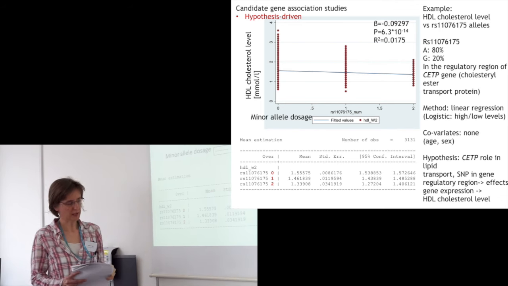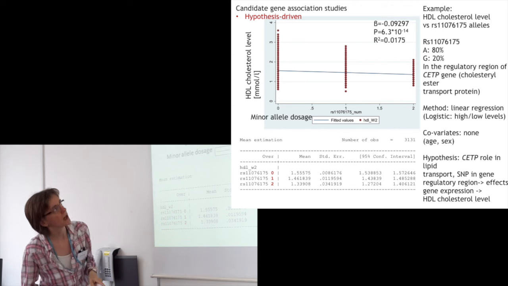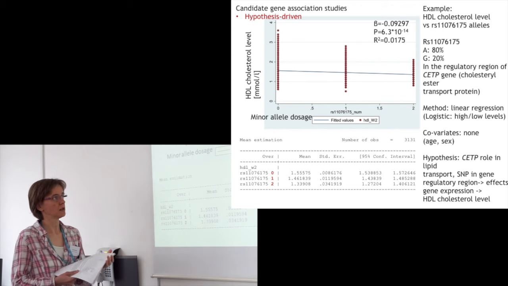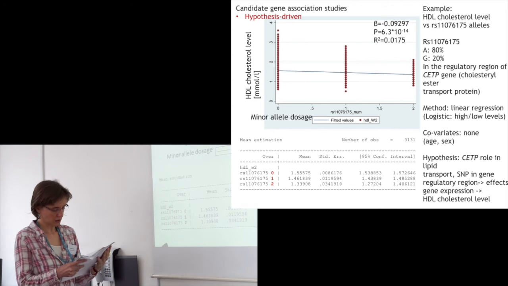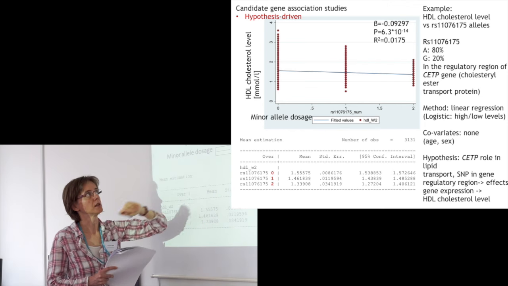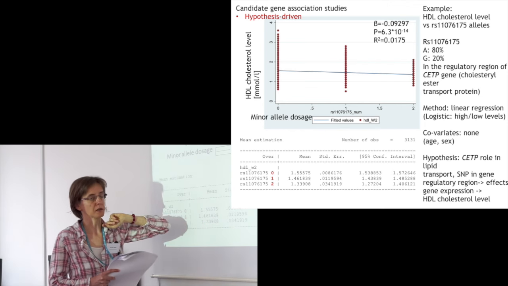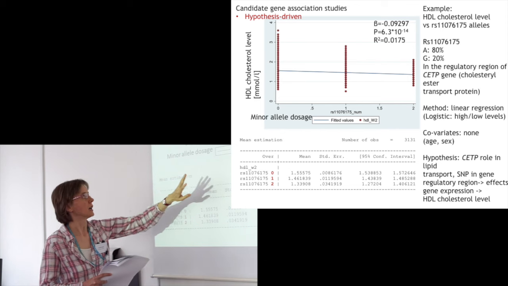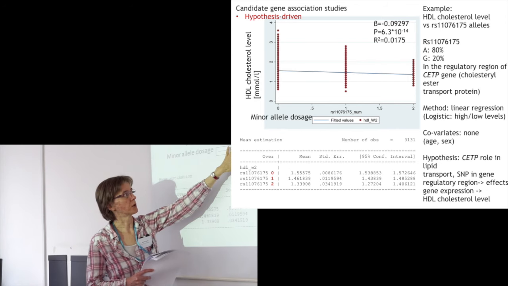Now, this is much more familiar to you from now on. I just had this little example to show you how you can use this genetics data for a genetic association study. In this, the measured phenotype was the high density lipoprotein cholesterol level in the blood, and I chose one SNP from the database.